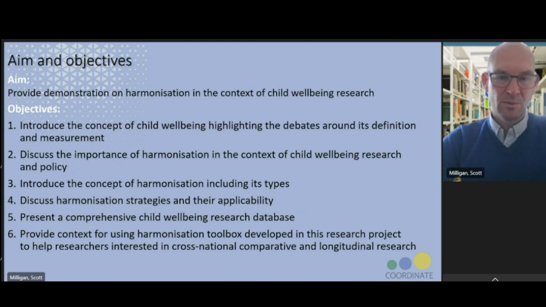We also have presented a comprehensive child well-being research database that we hope users can use to learn more about where they can access child well-being data and how to use that data. And today we'll cover the technical aspects of harmonizing a child well-being variable, as well as taking a look at the Harmonization Toolbox introduced in the first workshop.